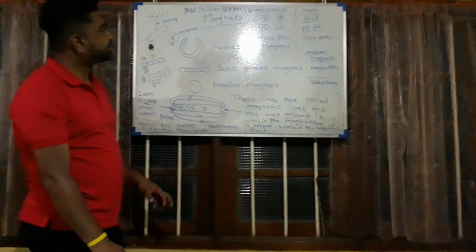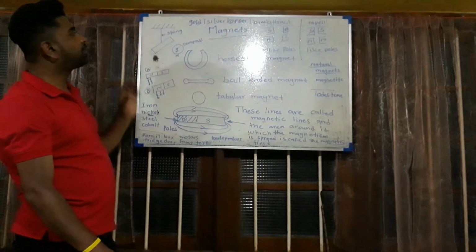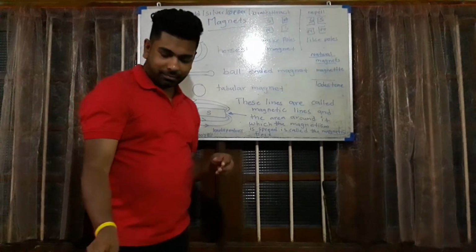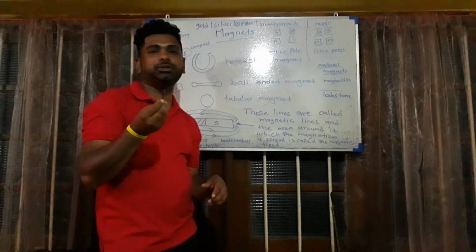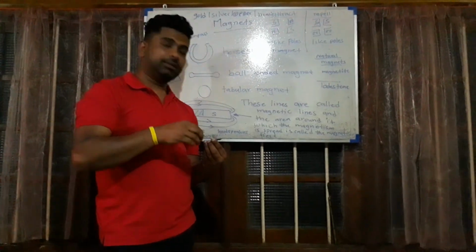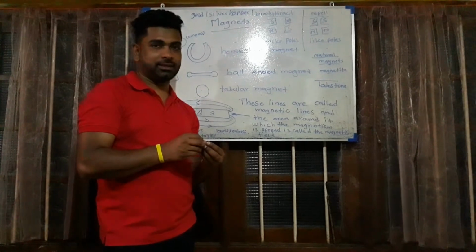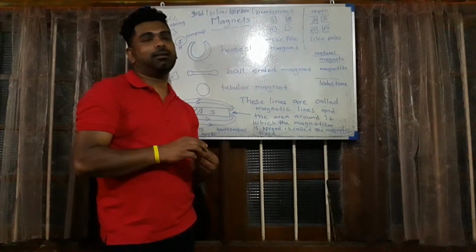Now, children, here I have drawn some figures. You have a magnet like this bar magnet, but in that magnet the poles are not mentioned. How do you find the north and south pole of this bar magnet?